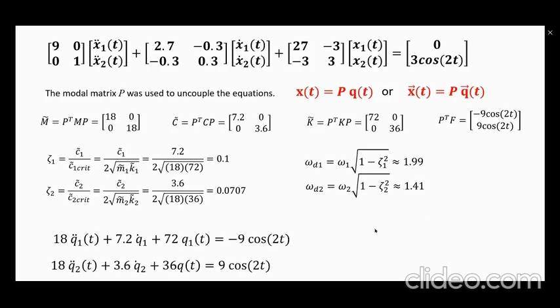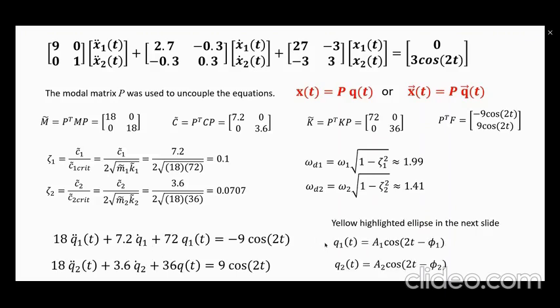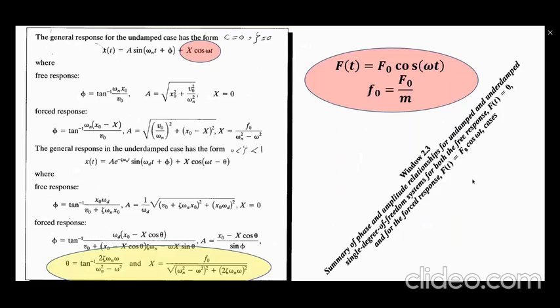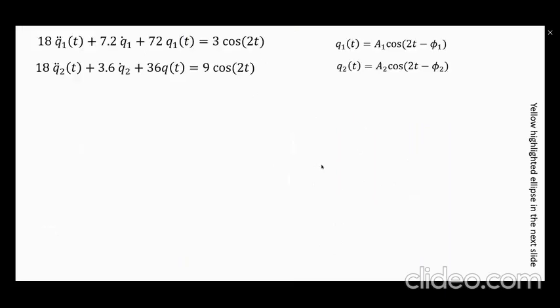These are the damped frequencies. These are the decoupled equations. You can see that right there. And the solution is going to look like that. And A1 and Phi1, A2 and Phi2 depend on the initial conditions. Now, this is a template from there, and notice that in this problem, let's continue with this for a second.